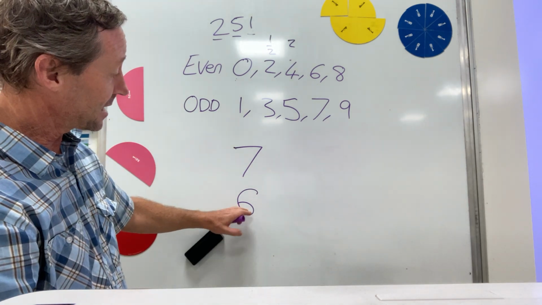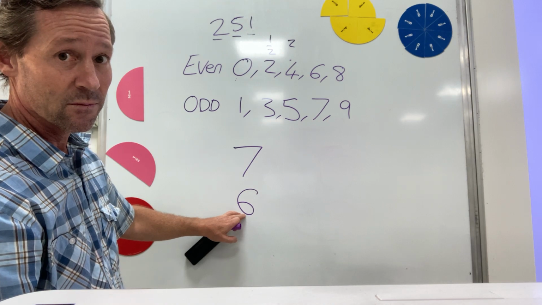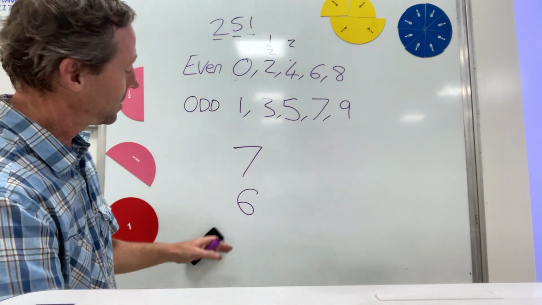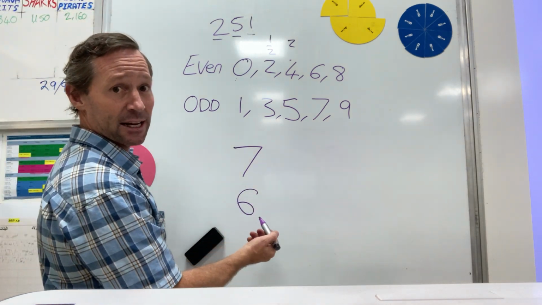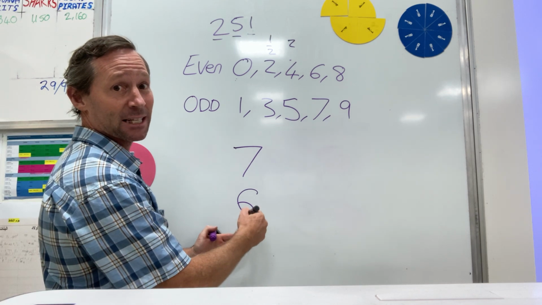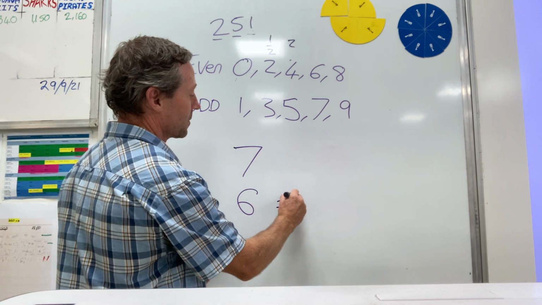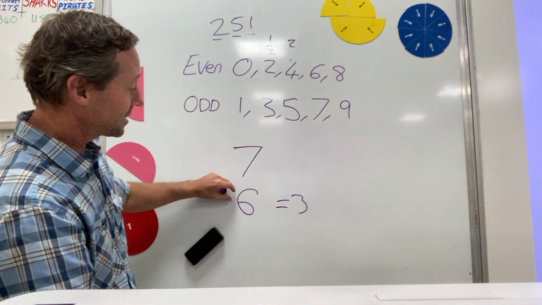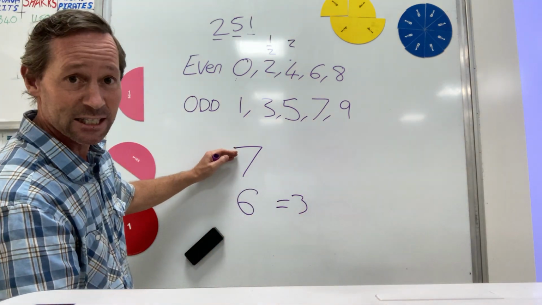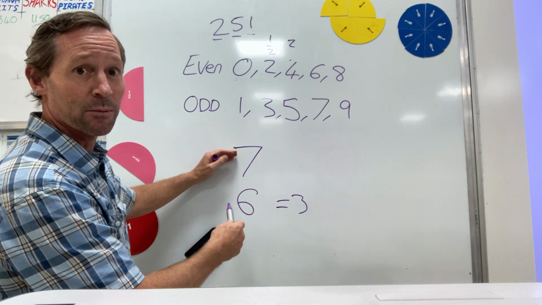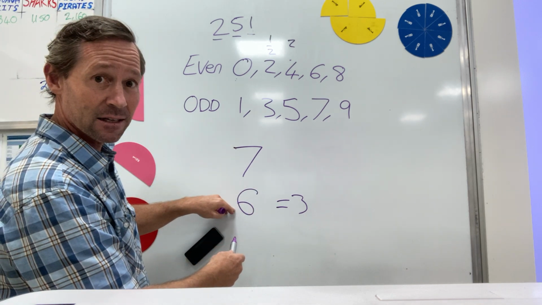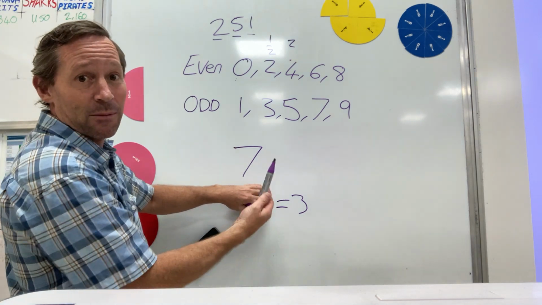I can either say 6 divided by 2 or 6 times a half. 6 divided by 2 would give me 3, which is the same as saying 6 times a half would give me 3. And because we were supposed to start with 7, but I said think of the number before 7 is 6, that means I'm going to have something left over.